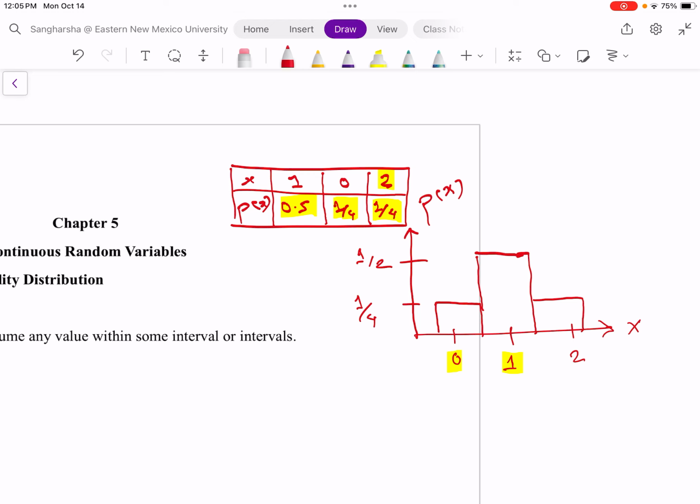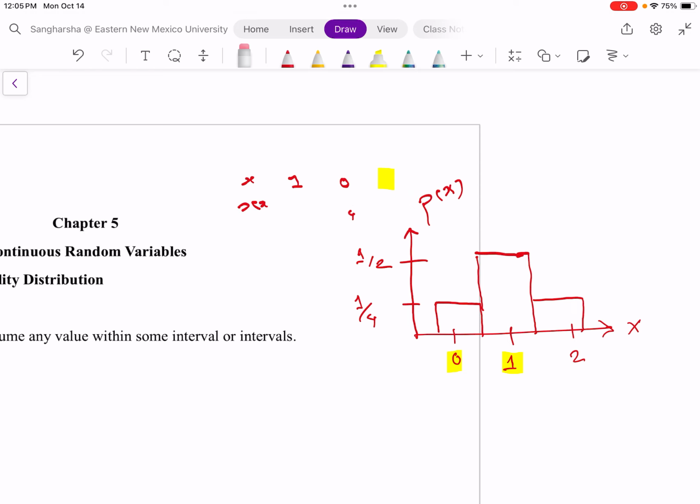Now, if you have a histogram, what gives you the probability for x? Now forget about the table. Let's consider we don't have this table representing the discrete random variable, but we have a graph, a histogram that represents a discrete random variable. What helps you find the probability that x takes these numbers?